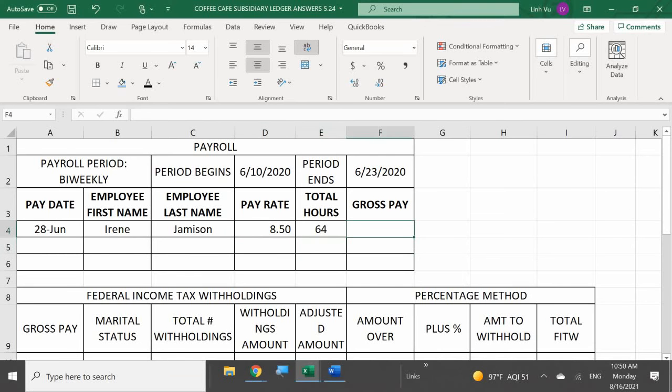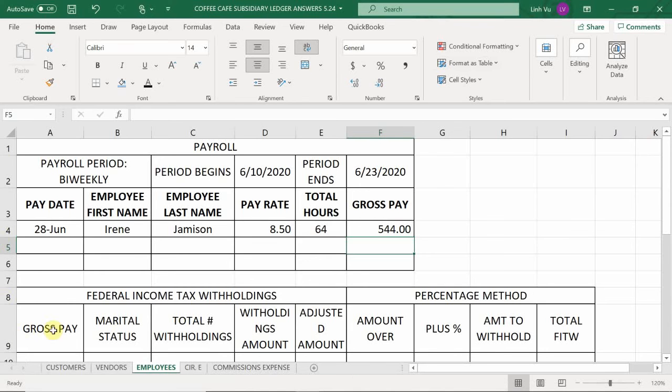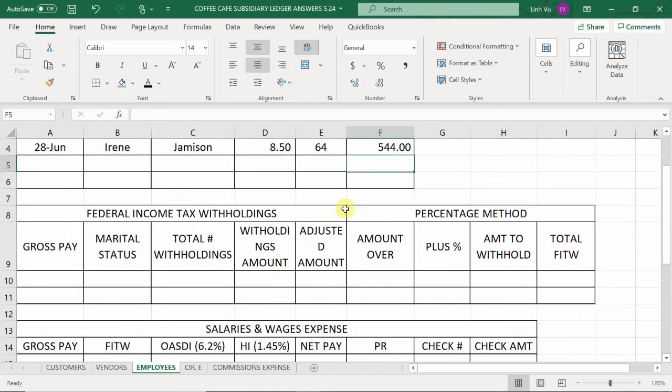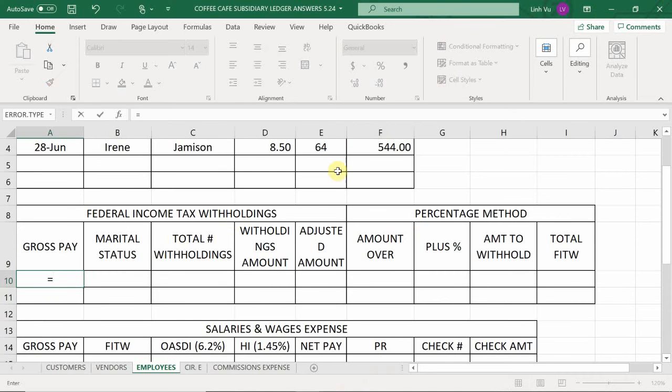Since she's going to get paid $8.50 and she worked a total of 64 hours, how much did she earn in grand total? $544. So that's the gross pay. Now we're going to transfer that amount over, because this is what we're going to look at in our little table here.